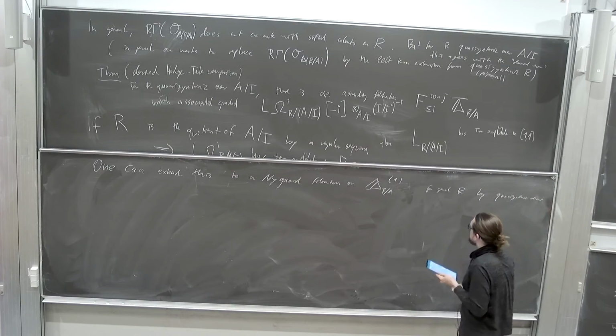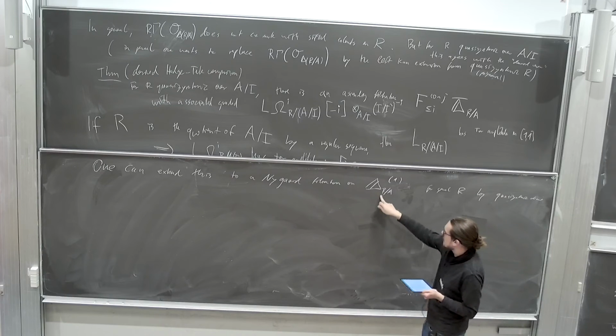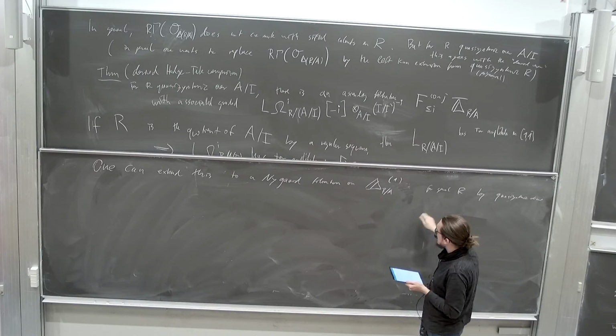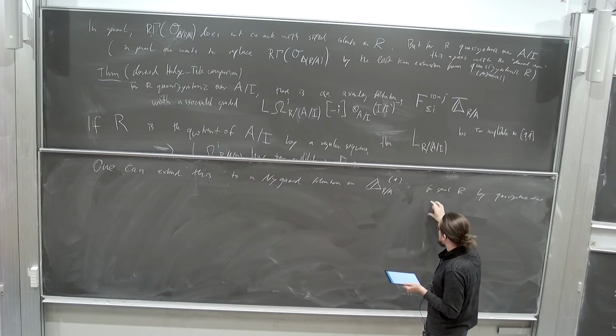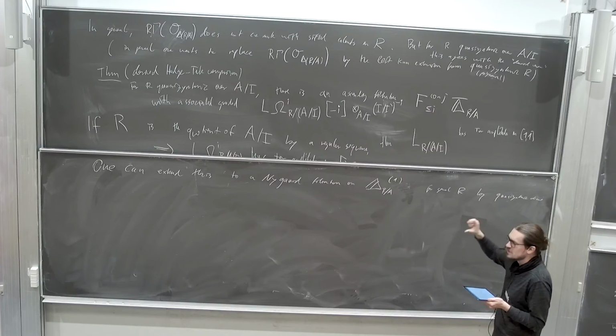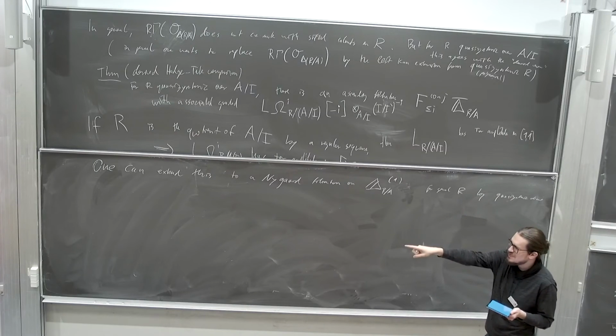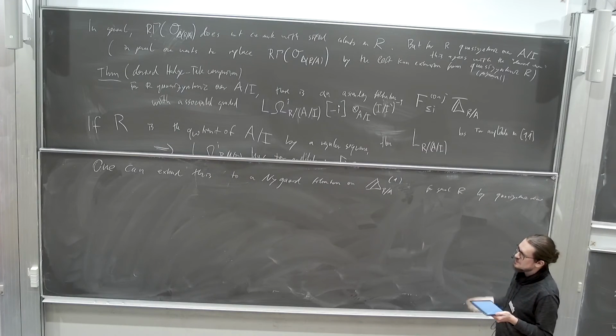So this uses a version of what Ben discussed yesterday, that you can somehow still cover every R, or at least every quasi-syntomic R, by something whose cotangent complex over A mod I really lives in degree 1. And in that case, prismatic cohomology is discrete. You can take this definition and you can descend that.